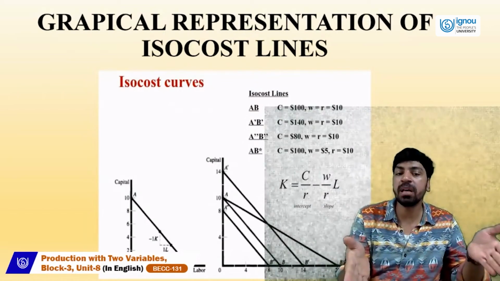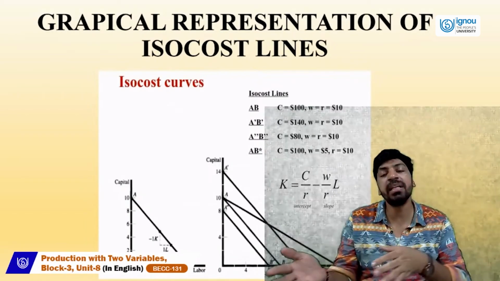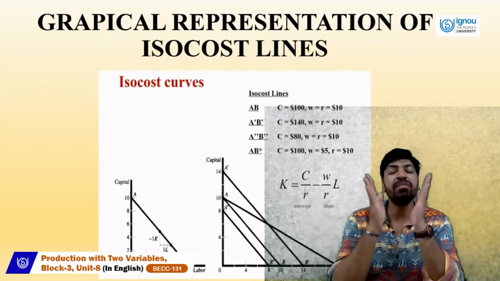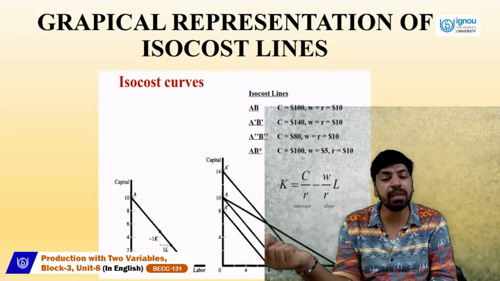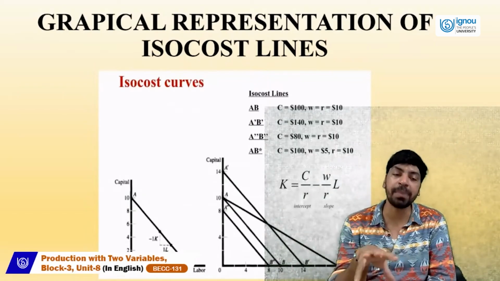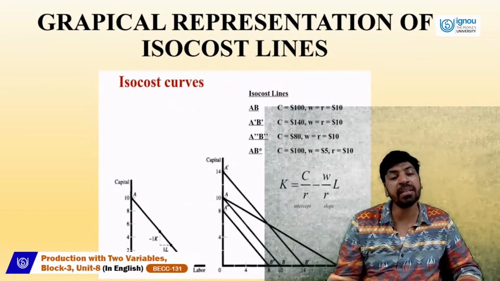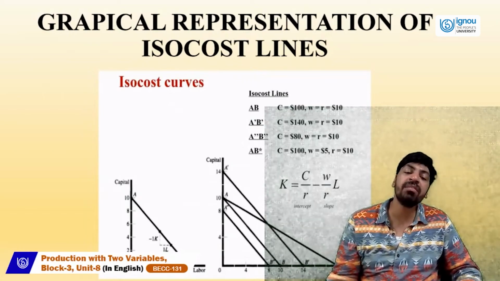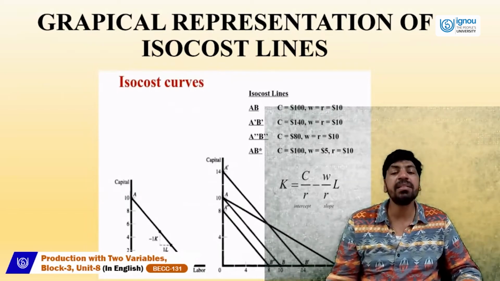If there is a 1% change in labor, automatically there is a 1% change in capital, and that's called perfect substitutes. This budget line is called the isocost line, symbolically AB.